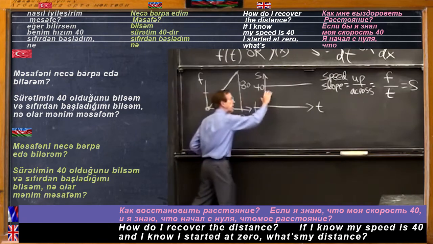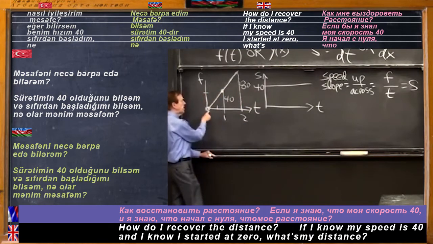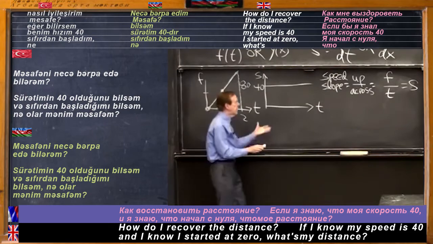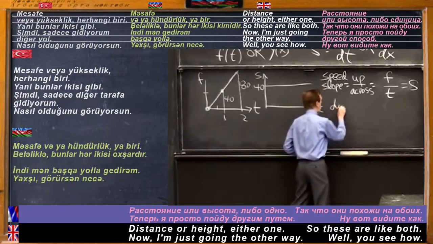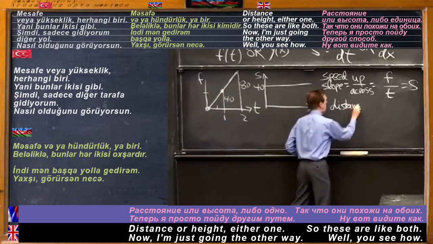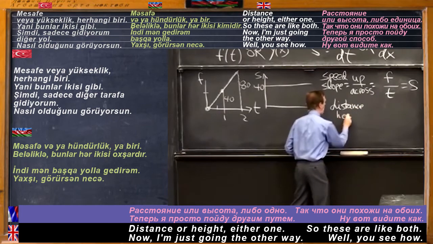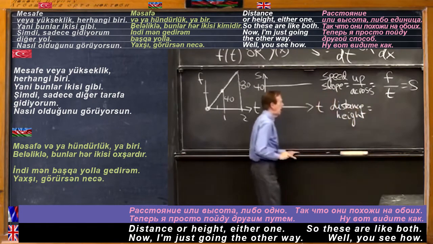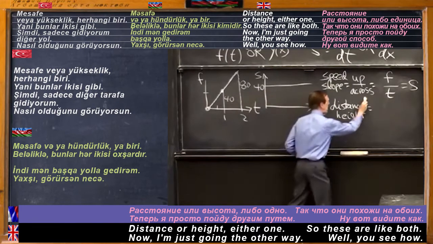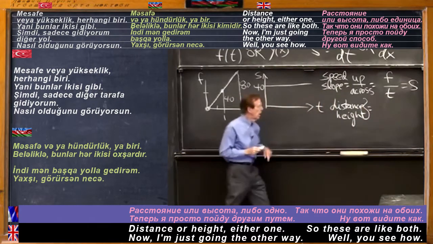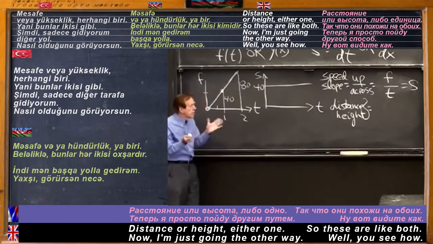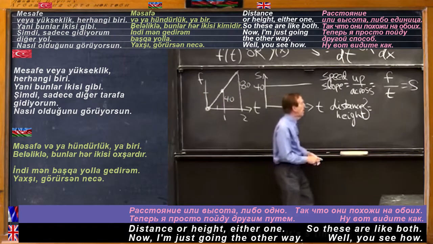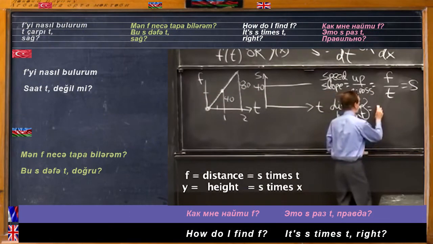If I know my speed is 40 and I know I started at 0, what's my distance? Distance or height, either one. Now I'm just going the other way. How do I find f?